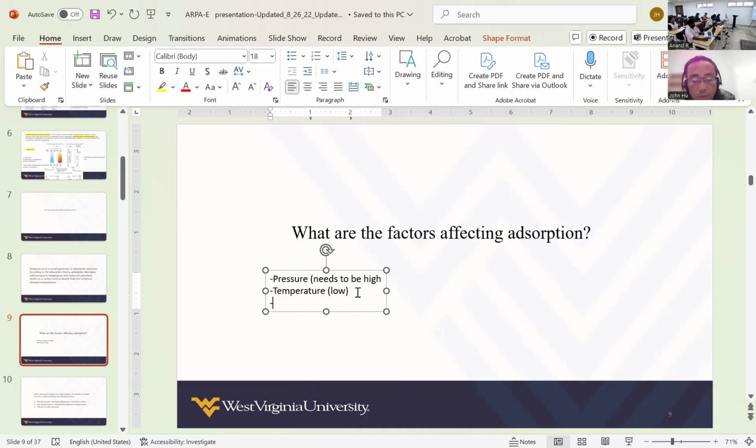The particle size. Are you talking about the solid sorbent, or the molecule to be adsorbed?